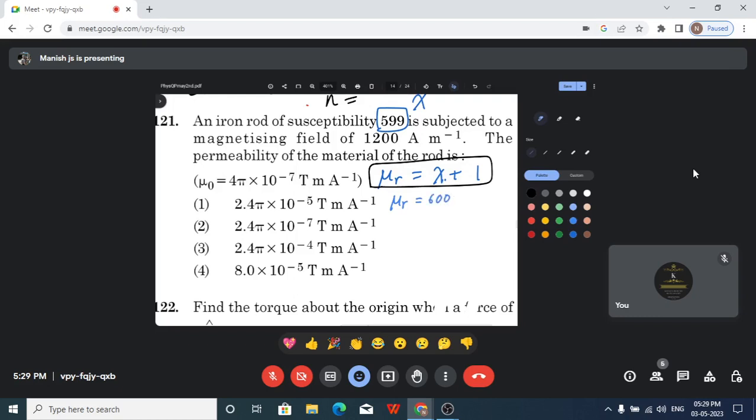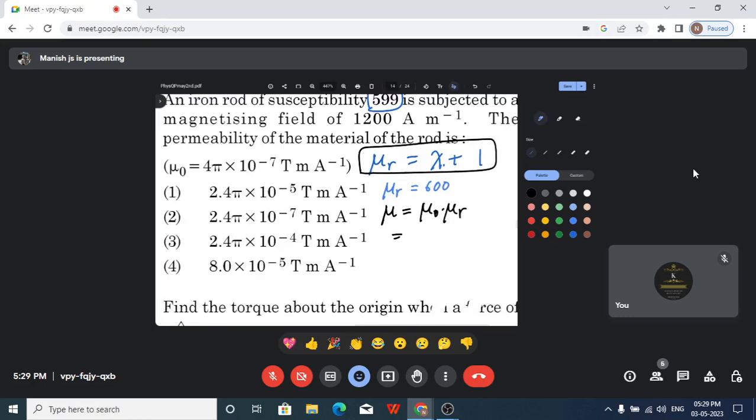So mu r is 600. Once you got mu r, the relation between relative permeability and permeability is, you can write mu as mu naught into mu r. That's it. So go for substitution.